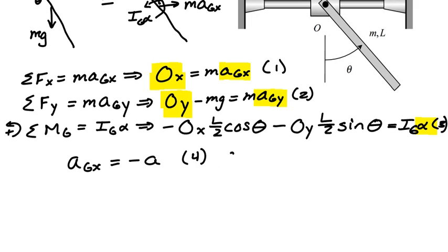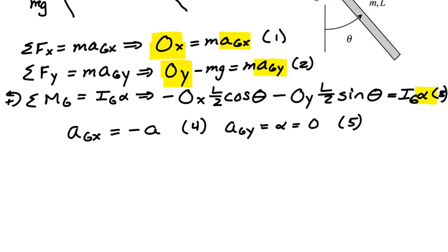Likewise, I need that a_gy is equal to alpha is equal to 0, and we can call this equation 5 if you'd like. This is important again so that we can maintain that constant value of theta we're asked for in this problem. Now if we plug these kinematic variables back into our equations above, what do we get? From equation 1, the reaction Ox should be equal to minus ma.